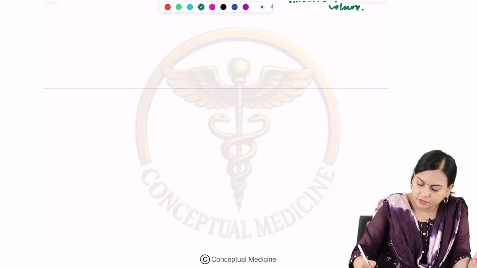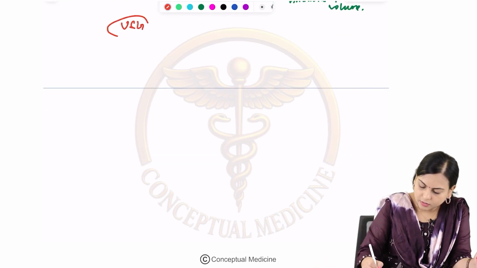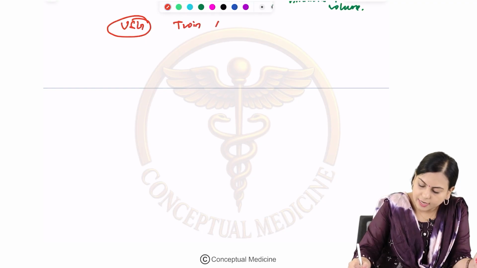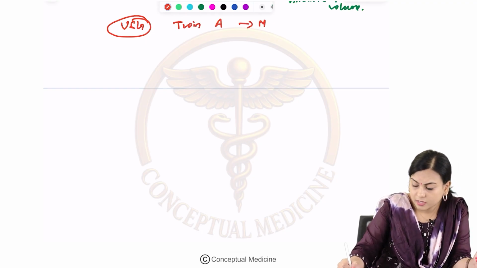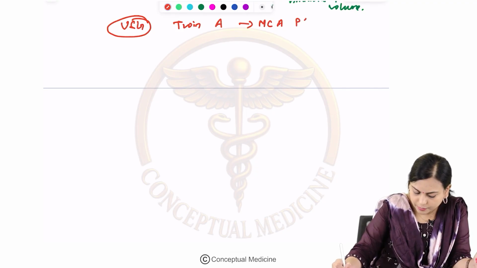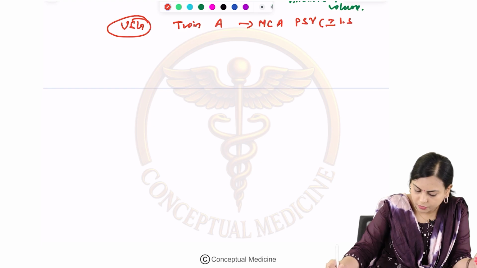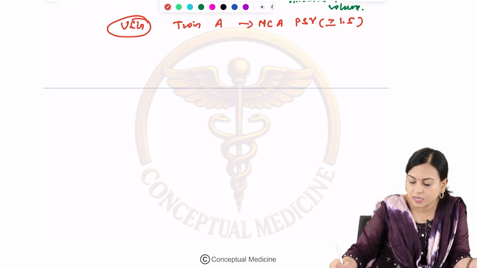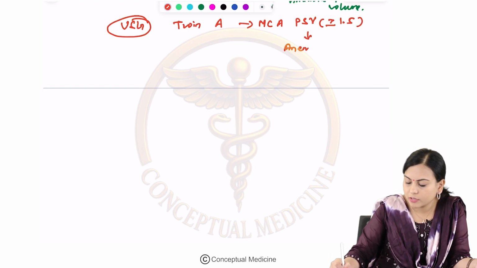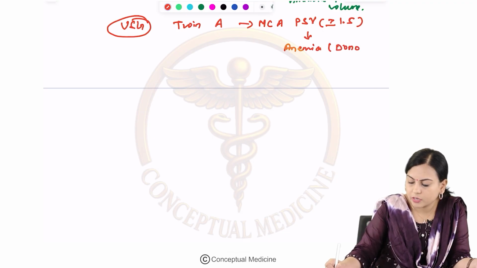And if you see USG, twin A will be having the MCA peak systolic velocity more than or equal to 1.5, that denotes anemia. So, this is going to be a donor twin.